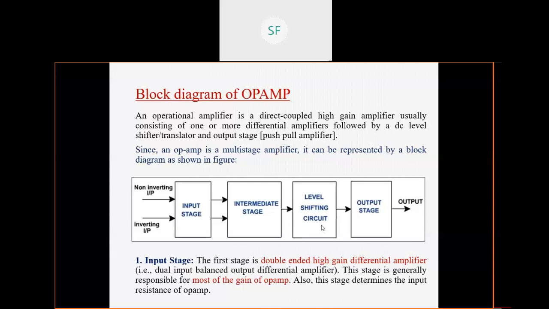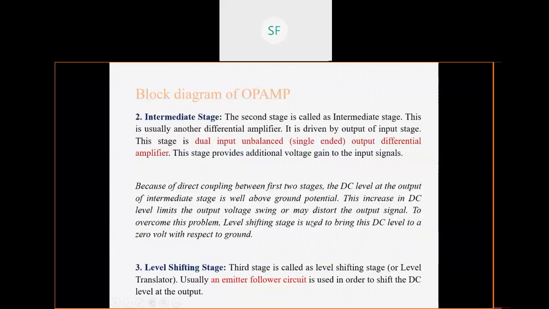So the function of this level shifting stage is to bring the DC level back to 0 volt, to bring down the DC level to ground potential. This is the function of the level shifting circuit. And which circuitry is used here in level shifting? Emitter follower circuit is used.